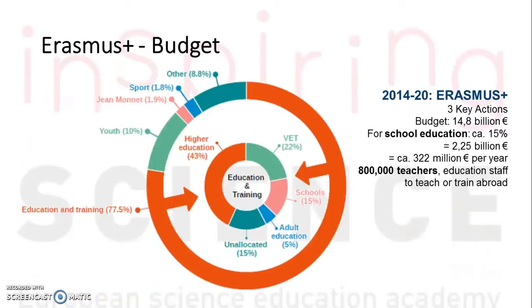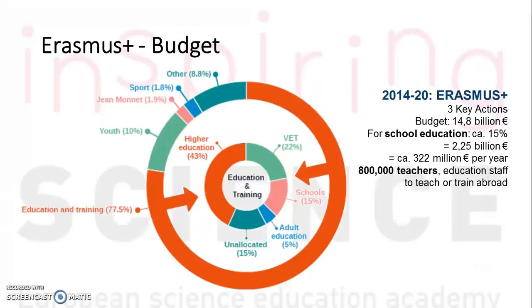To give you an idea how big the Erasmus program is, some key numbers about the budget. So the overall Erasmus Plus budget for the 7 years from 2014 to 2020 is almost 15 billion euros. School education gets about 15% of the overall funding available, which is still almost 322 million euros per year.